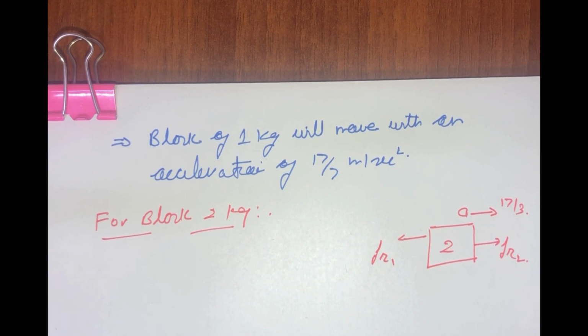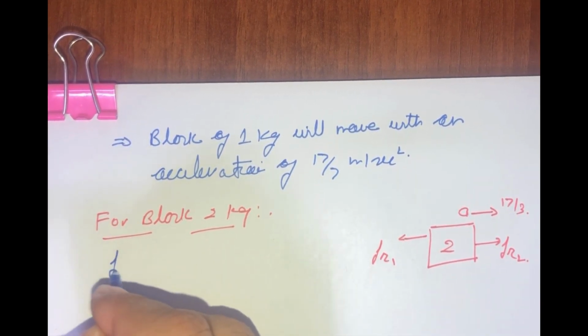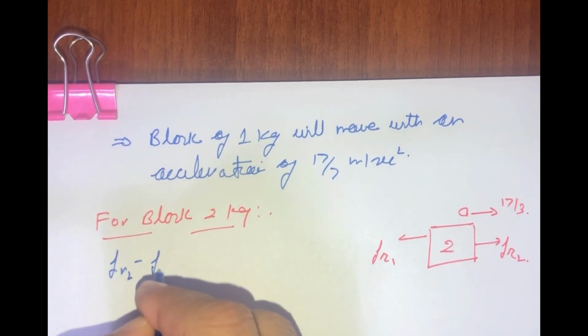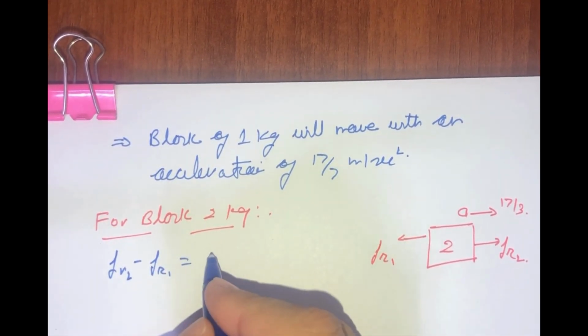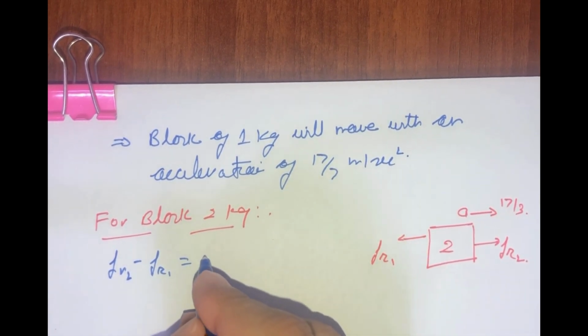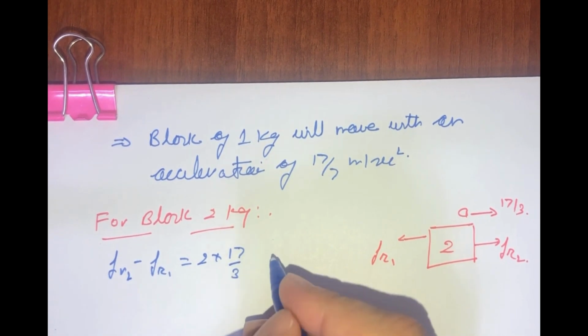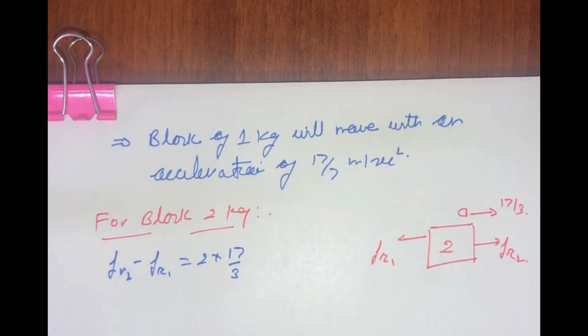So we can say that FR2 minus FR1 will be equal to mass into acceleration, that is 2 into 17/3, and FR1 we already know.